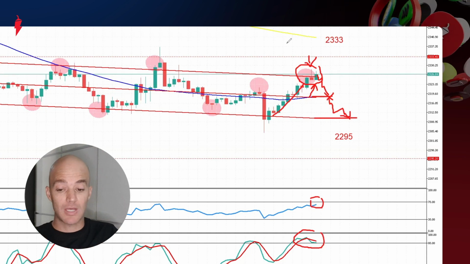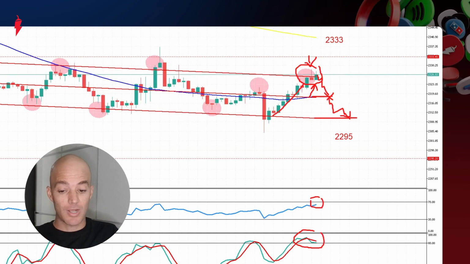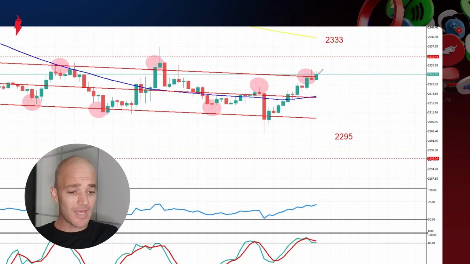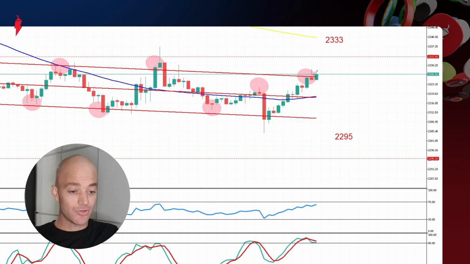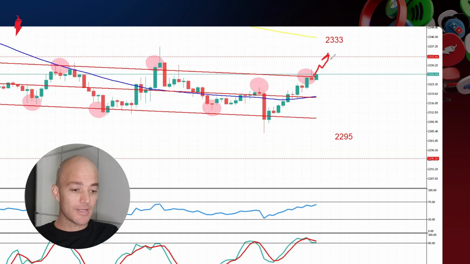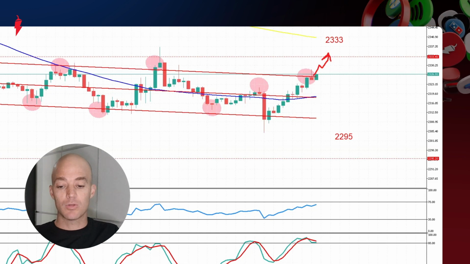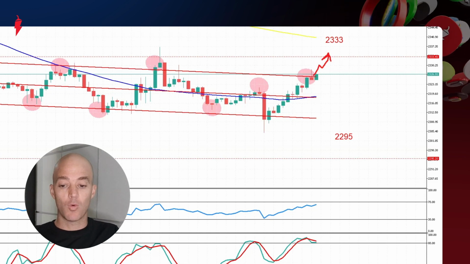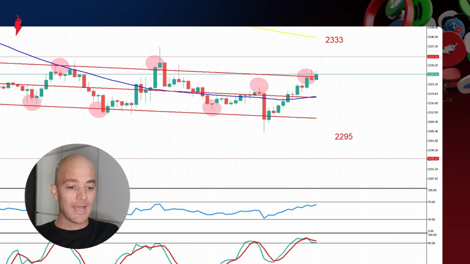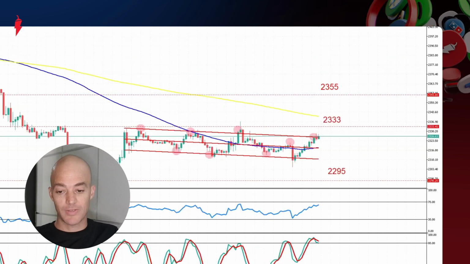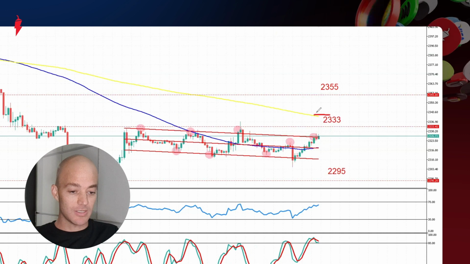However, sometimes price does break out of the ranges inevitably, and if that will be the case in the next trading day, if price breaks above the 2333 level with conviction, we will then be looking for buy targets, and the next possible target will be the 200 period simple moving average, as you can see over here in yellow.